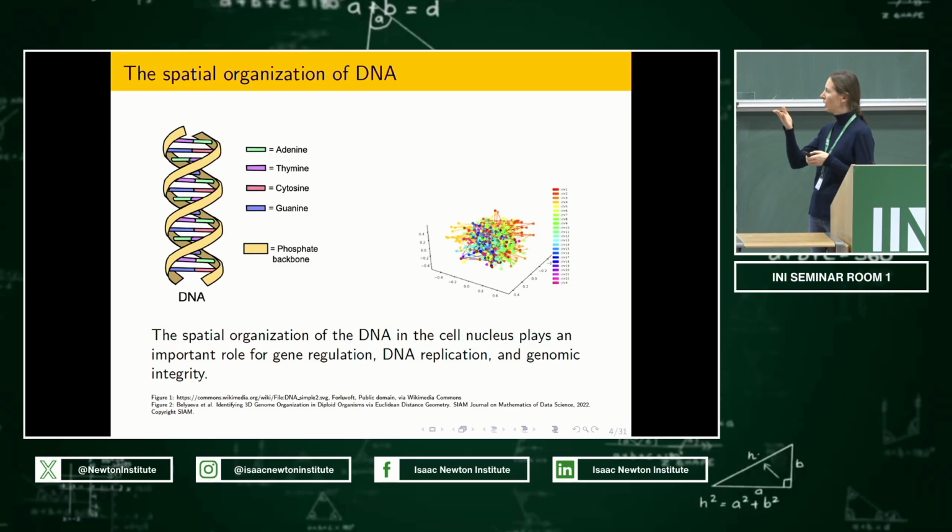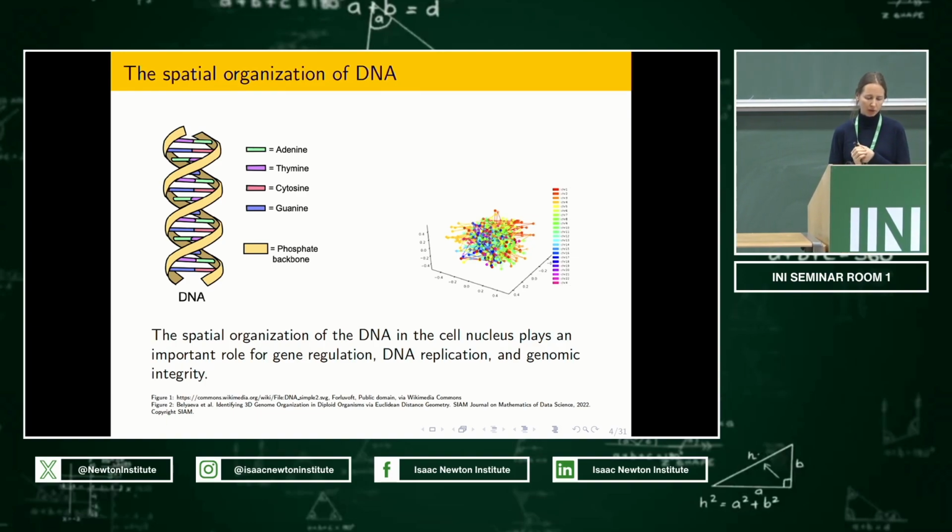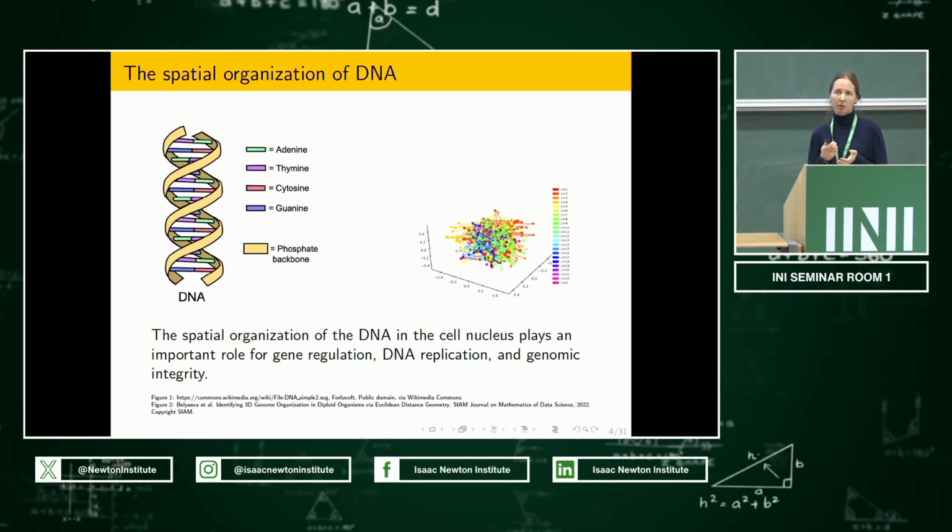So how the chromosomes are aligned in the three-dimensional space, and this is what this talk is about. And there has been research that also the three-dimensional organization of the DNA plays an important role for gene regulation. So it's not only the sequence of nucleotides, but this together with how the chromosomes are placed in the space.